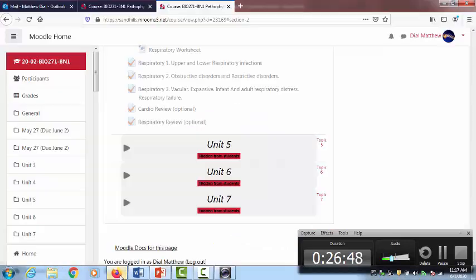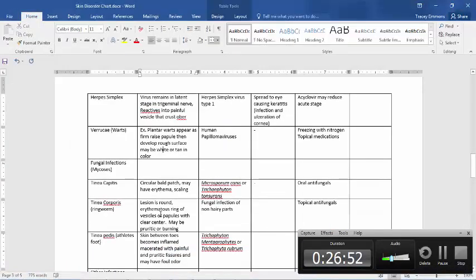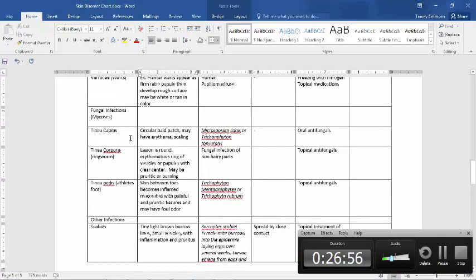Next up is Tinea, which is a fungal infection. So we're moving on to the fungal infections or mycoses. There's several different types. There's Tinea capitis, which is a fungal infection of the head, Tinea corporis, which is a fungal infection of the body, and Tinea pedis, which is athlete's foot, a fungal infection of the foot.